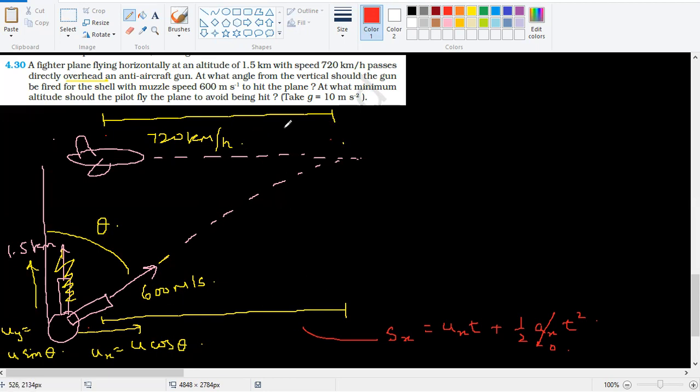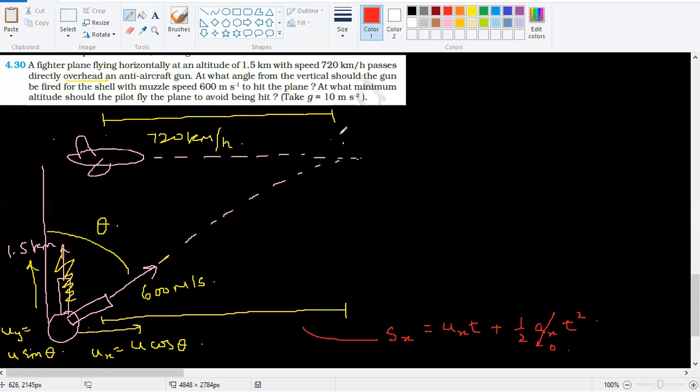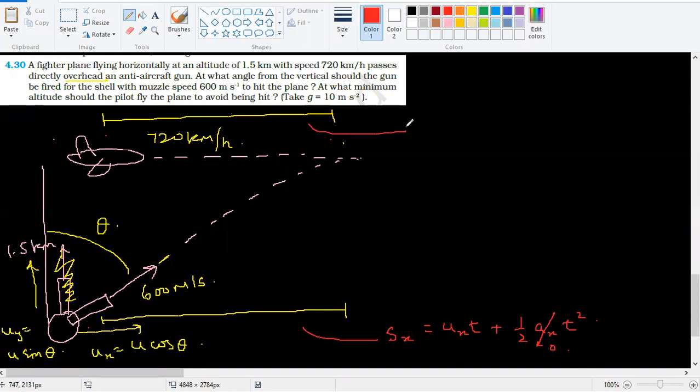So that means this distance d is equal to speed into time. It will look very similar to this. If you forget about this ax, distance is equal to speed into time.